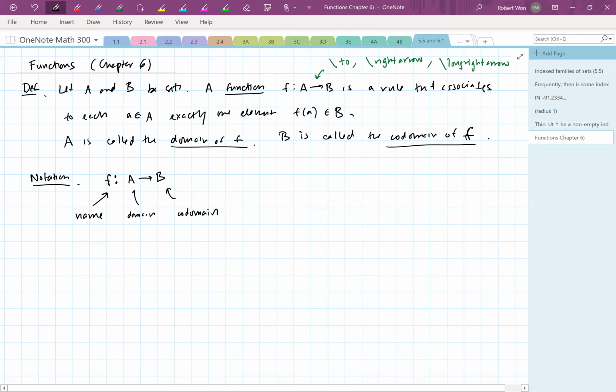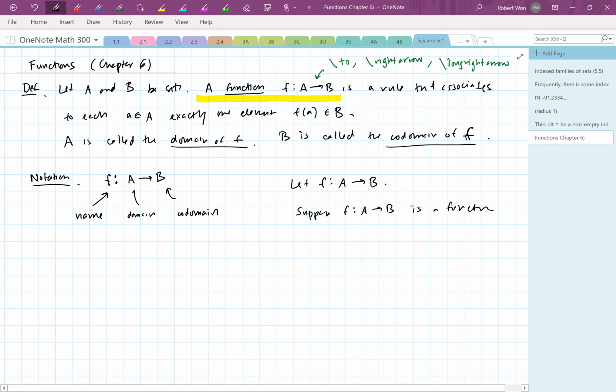And when you see this, you read it depending on the context. So you might read it as f, a function from A to B, or f is a function from A to B. So like in the definition, when I wrote it here, if you read this sentence in English, you would say a function f from A to B. But if you're in the middle of a proof and you say let f from A to B, you should really read this as let f be a function from A to B. Or if I say suppose f from A to B is a function, you would say suppose f from A to B is a function.